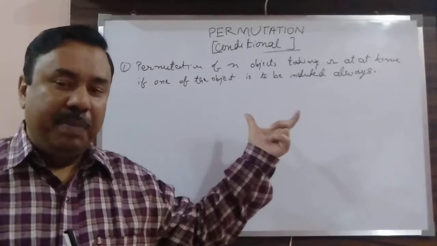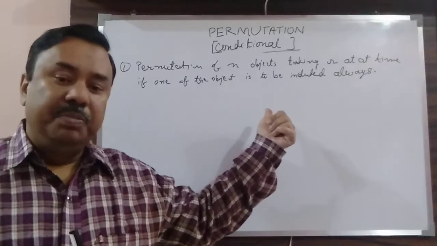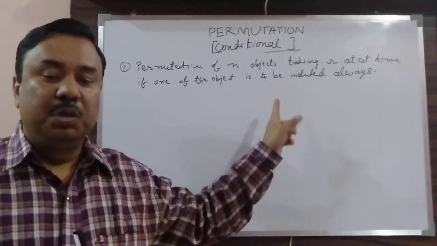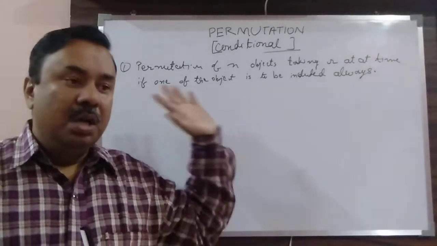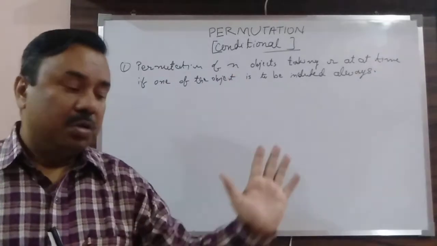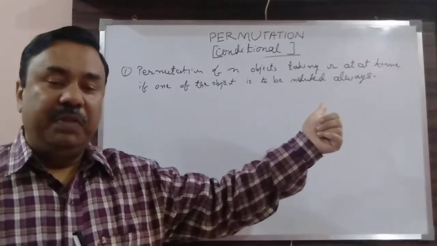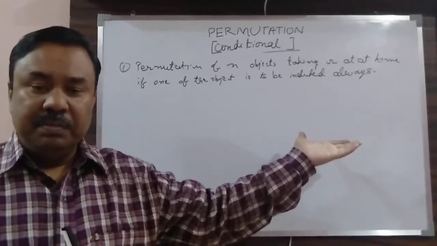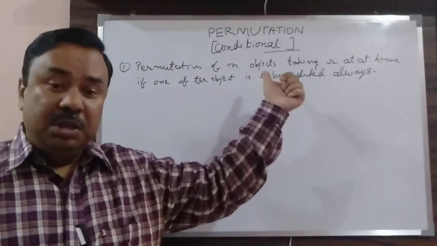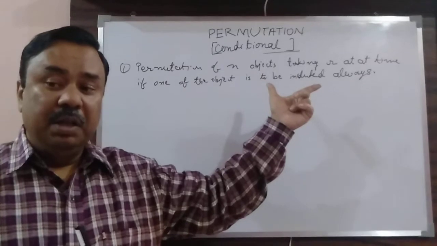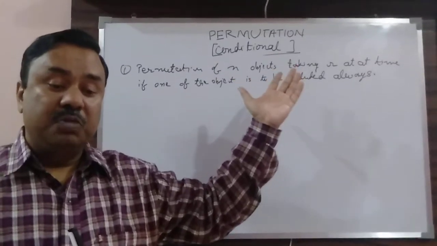I have got r places, and that one object will be occupying one of those r places. So obviously that one object will be occupying one, so the remaining places to be filled are r minus 1, and the number of objects remaining is n minus 1.